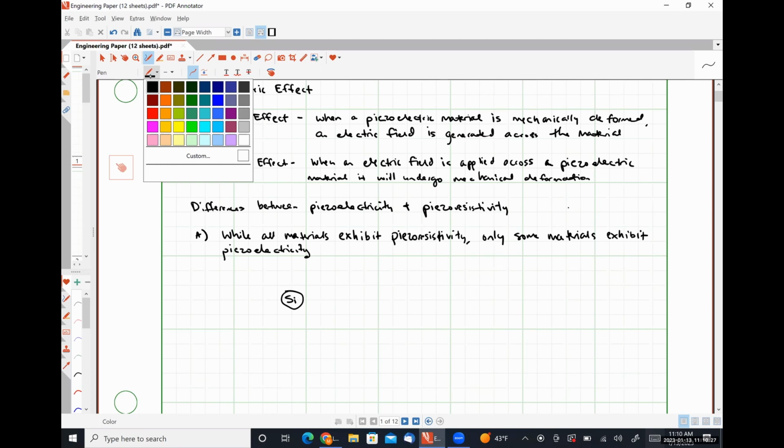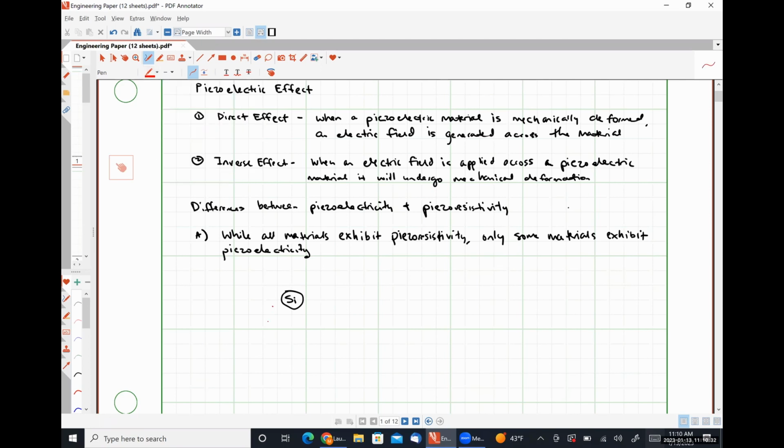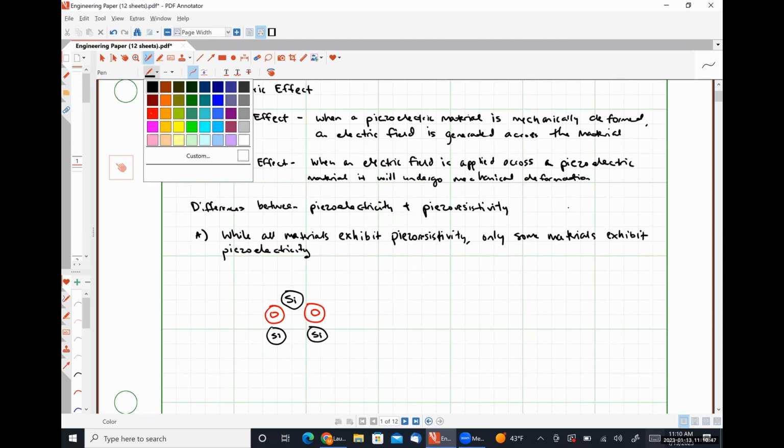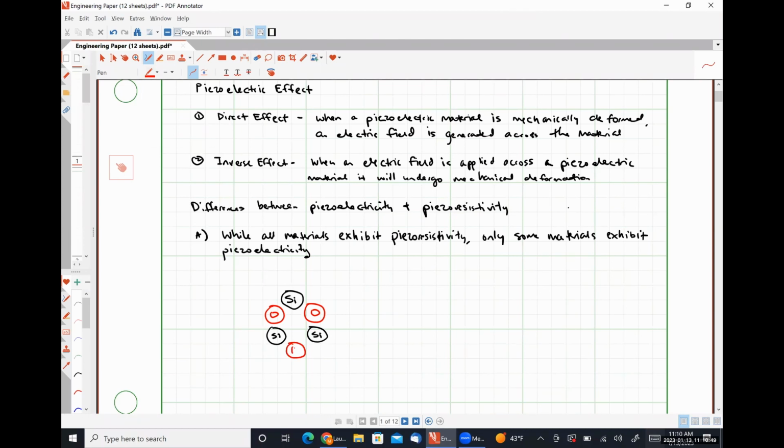But so let's say this black blob represents a silicon atom. This red over here will be an oxygen atom. Here we have a silicon atom. Here we have a silicon atom. And then we have another oxygen atom like so.